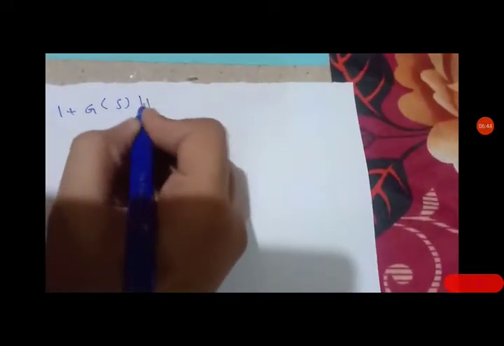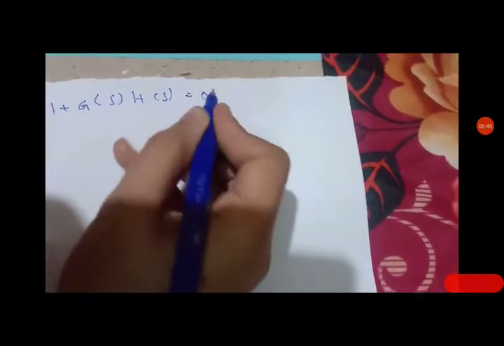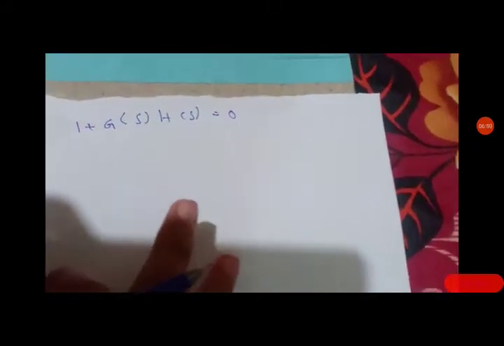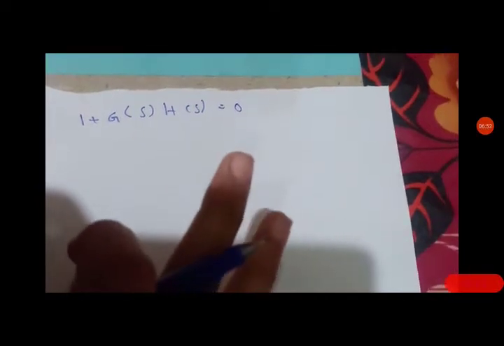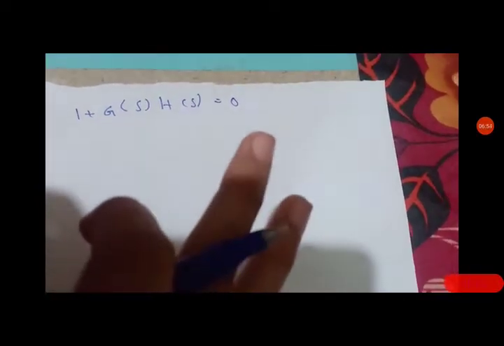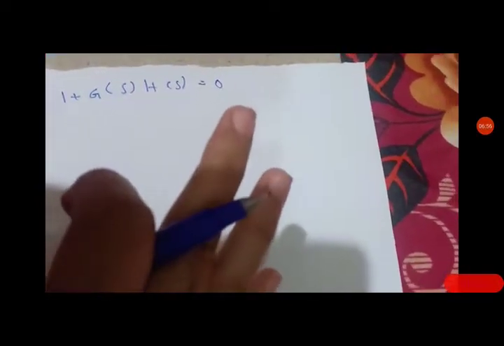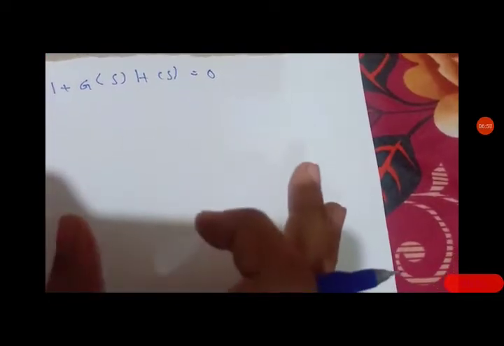So we write this characteristic equation in the form of a table. So we will learn about the table, about the transfer functions, and about the characteristic equations that we will write in the form of a table. First of all, we need to know how we can determine the stability of a function.